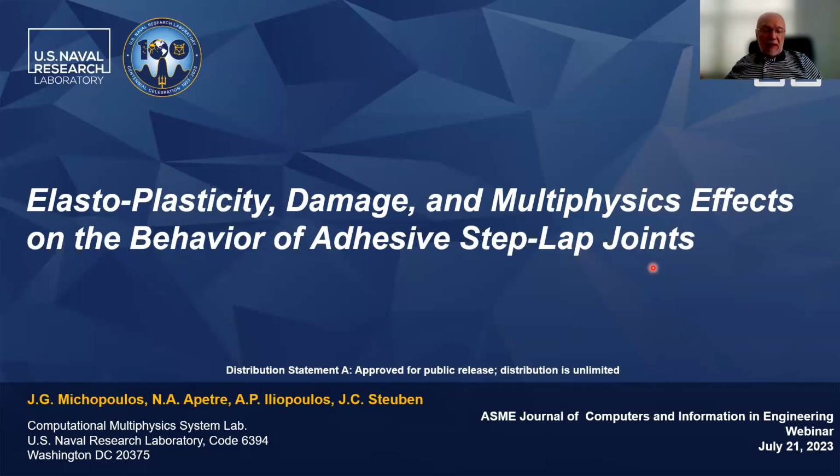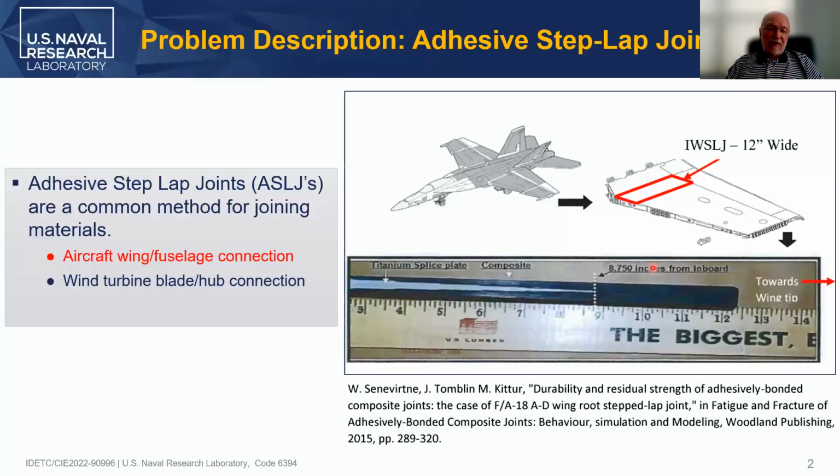So first, what is the problem with adhesive step-lap joints? The importance of this comes from where they are actually being used. Here you see an F-18 fighter, A to D series, which essentially is one of the main naval fighters, and we need to connect the composite material skins to the superstructure.